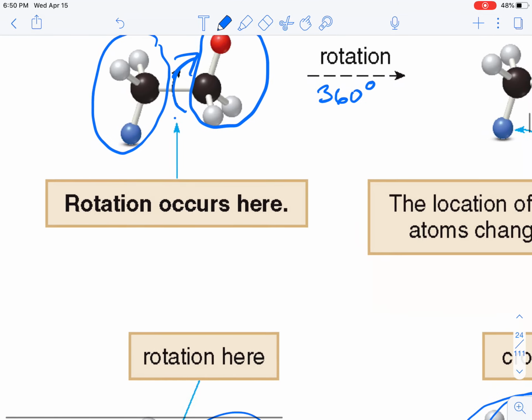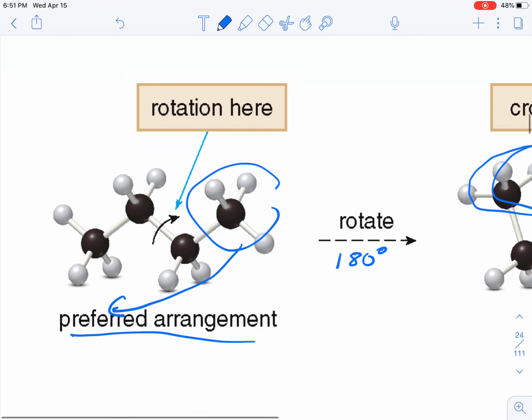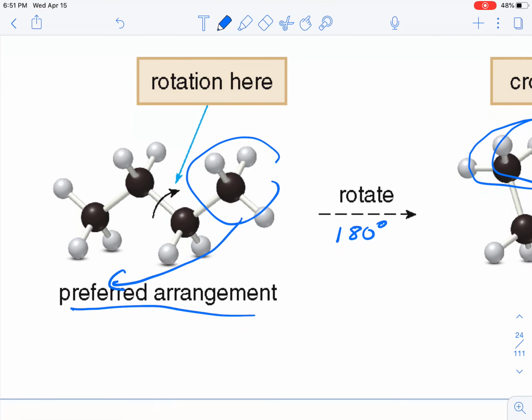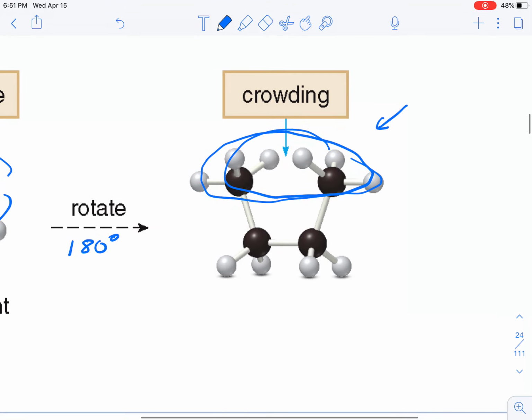In theory, your alkanes can move 360 degrees. However, if there are bulky structures attached to 2 of the carbons that you're trying to rotate, then it might not conform to that specific orientation, and another orientation might be favored.